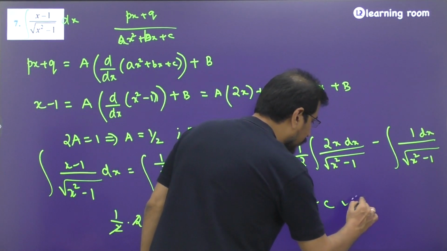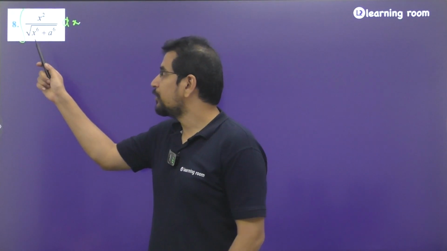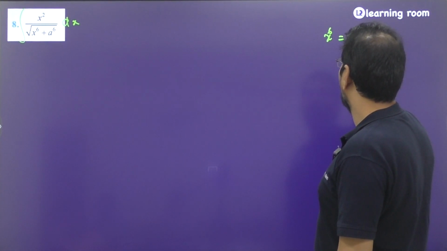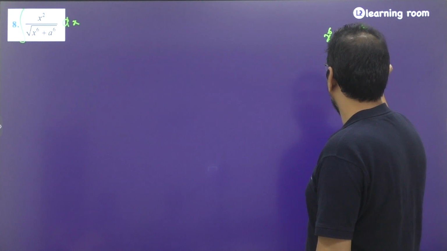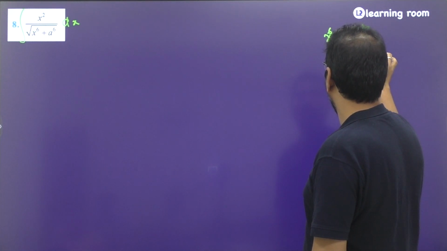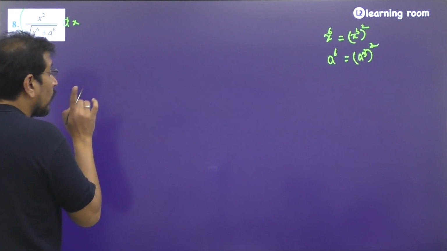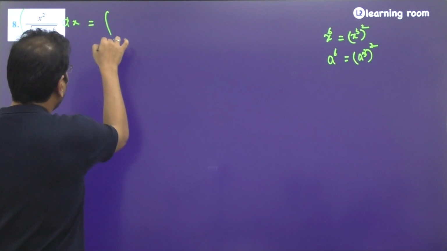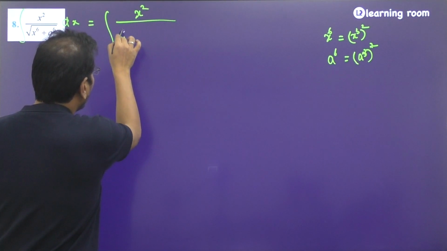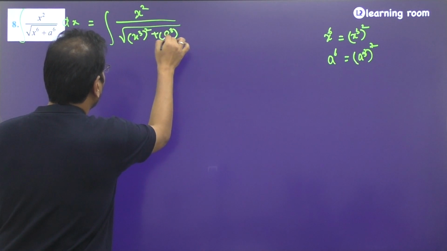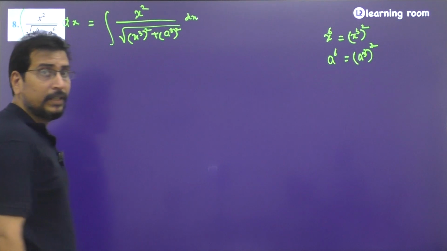Clear? So check this. The 8th question is x square divided by root of x power 6 plus a power 6. So x power 6 you can write as x cube the whole square, and a power 6 you can write as a cube the whole square. So this will become integral of x square divided by root of x cube the whole square plus a cube the whole square times dx.